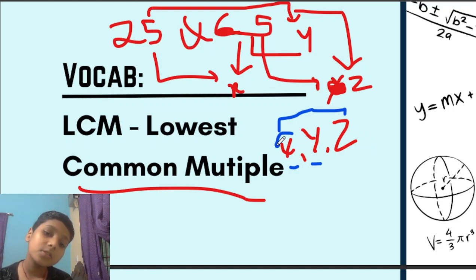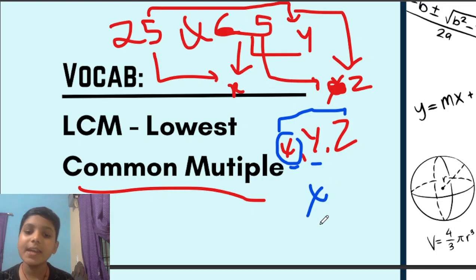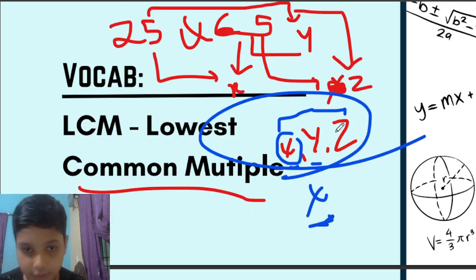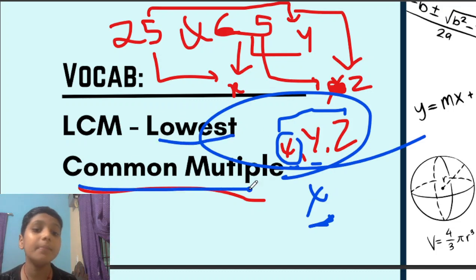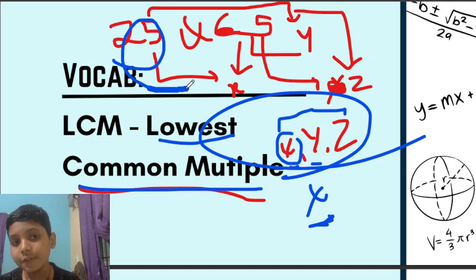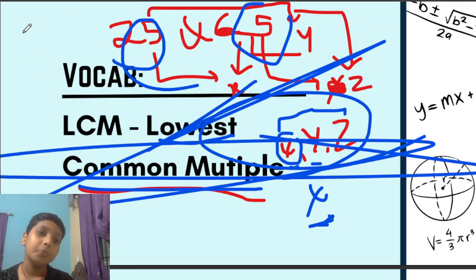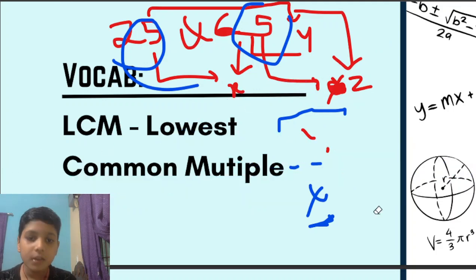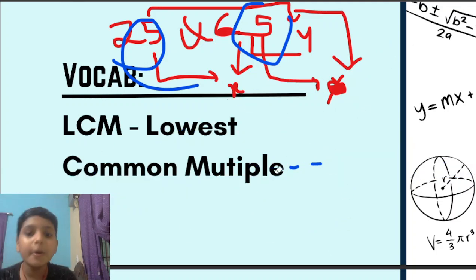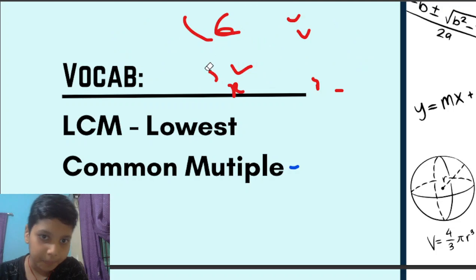Let us say x is the smallest of all of these. In that case, x is the lowest common multiple of 25 and 65. Got it? So this is what we call the lowest common multiple, or the LCM.